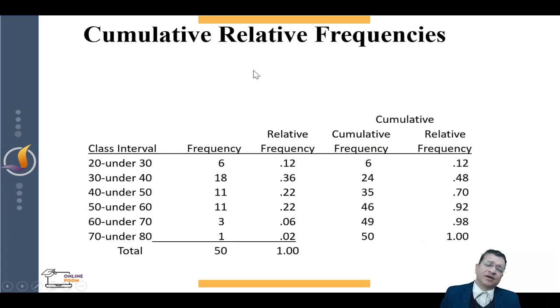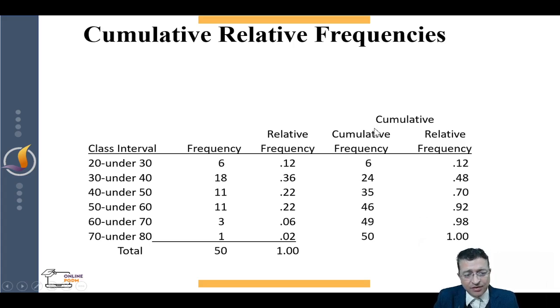Then again, similar to the way we calculated relative frequency, we can also calculate cumulative relative frequency. In cumulative relative frequency, again keep on adding the relative frequency of the next class and you will get the next number. And again the total: the last cumulative relative frequency would be the total of all the relative frequencies, right?